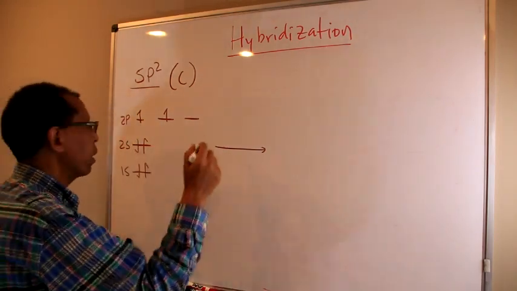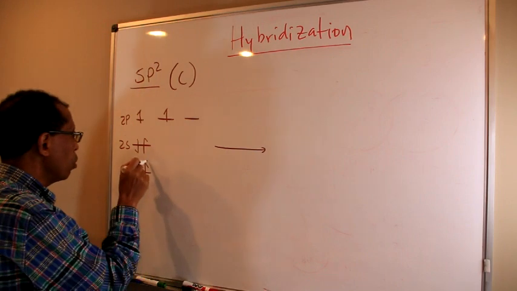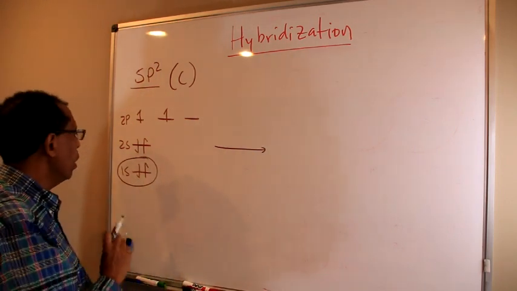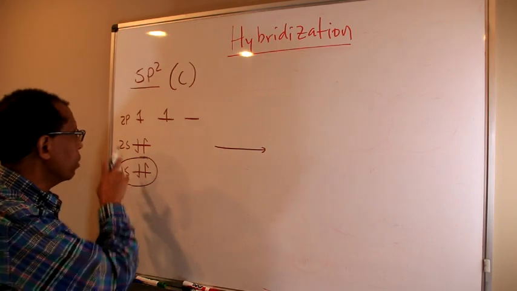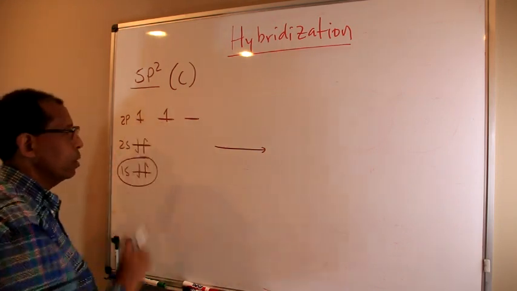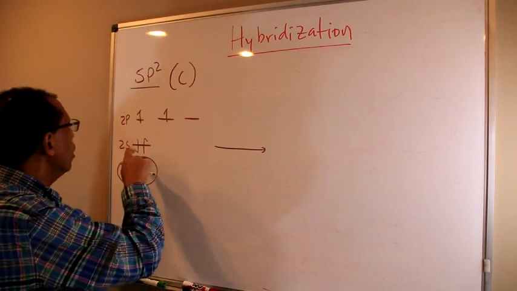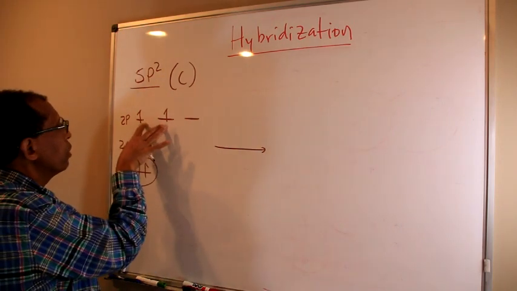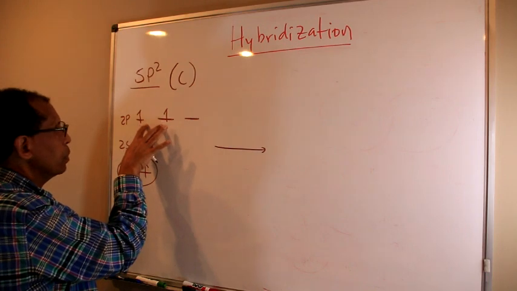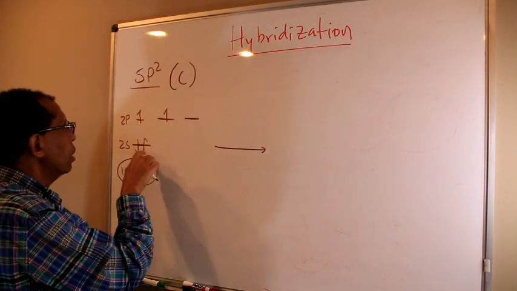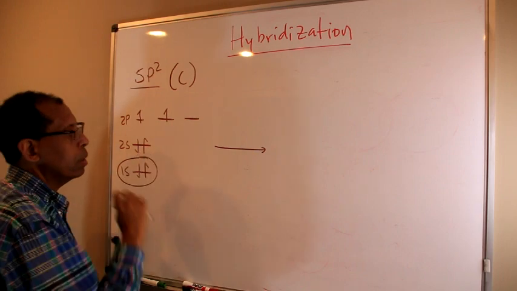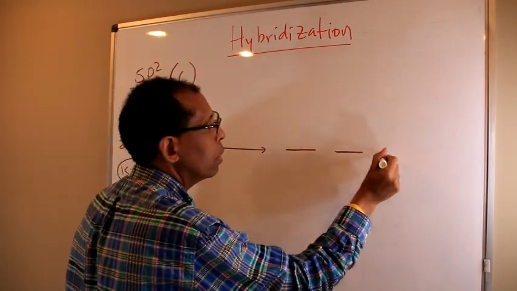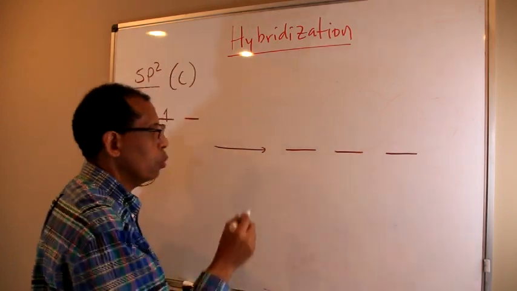Usually we don't consider the inner one, the one closest to the nucleus, but we are just considering valence electrons. So we are mixing one of these s orbitals with two of these p orbitals. That means we are taking one s and two p to make three sp2 orbitals.